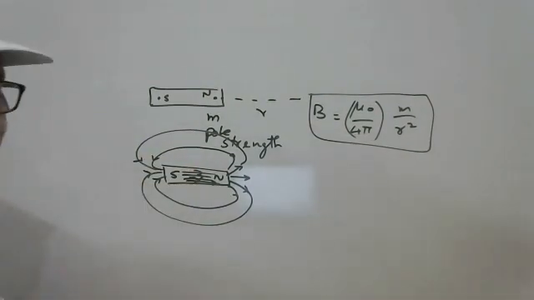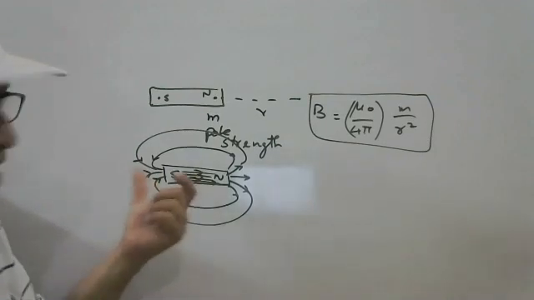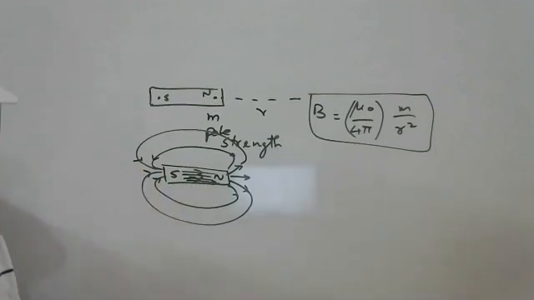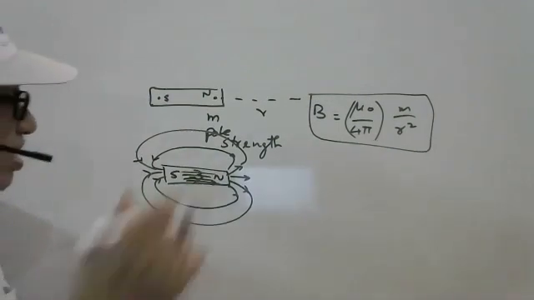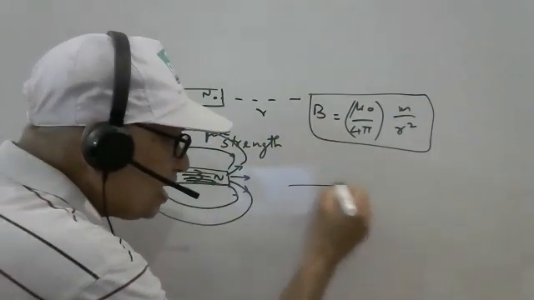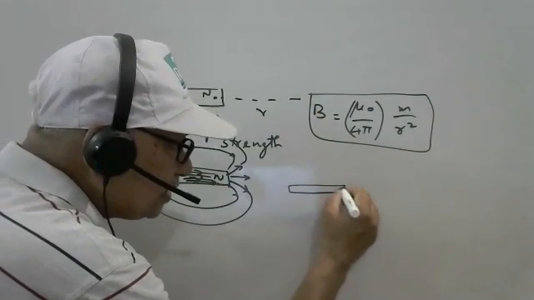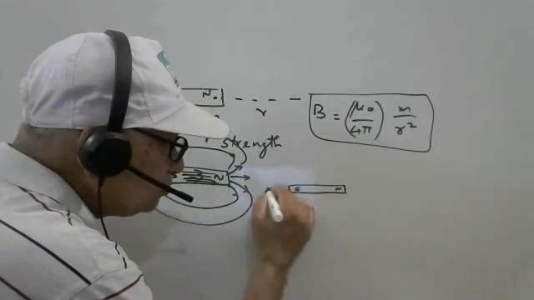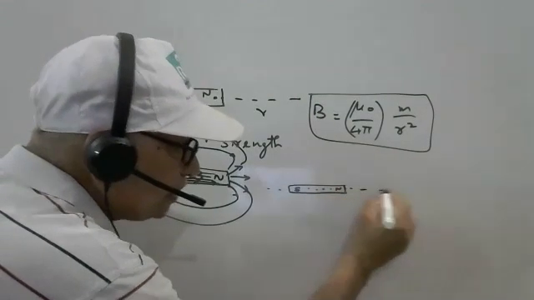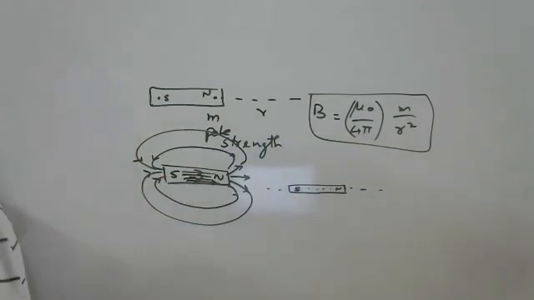Suppose a very small light magnet is hung freely, what will happen? It always aligns in a particular direction, that is the magnetic axis of the earth.